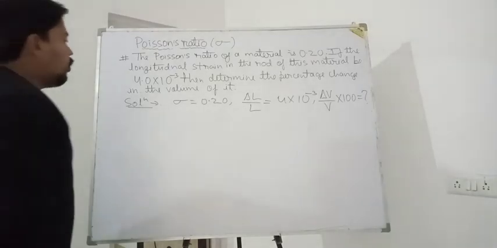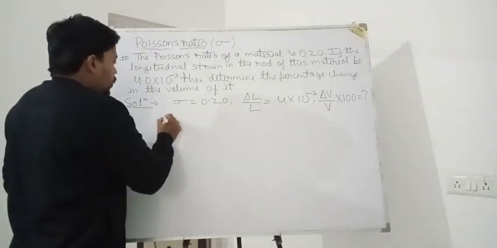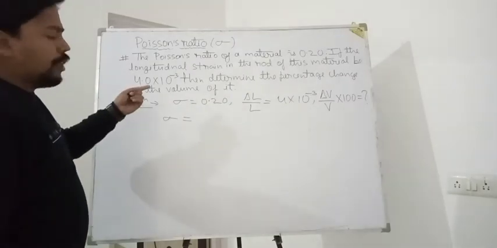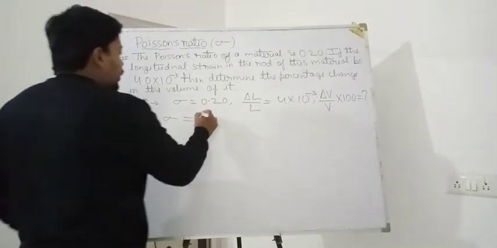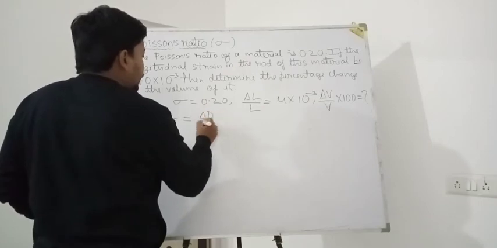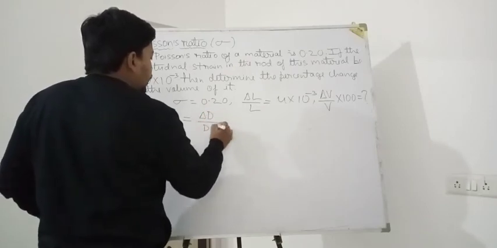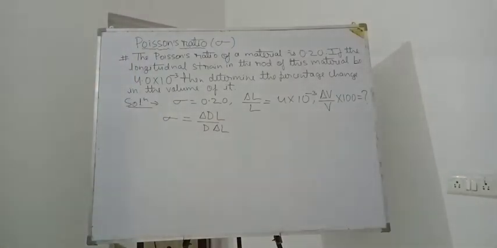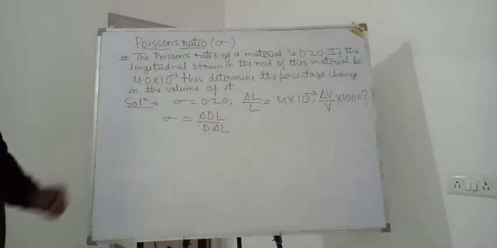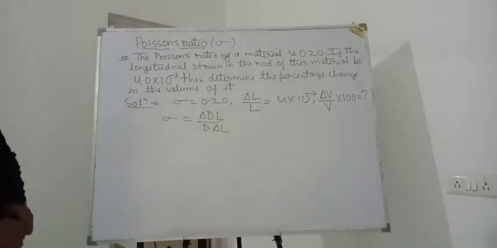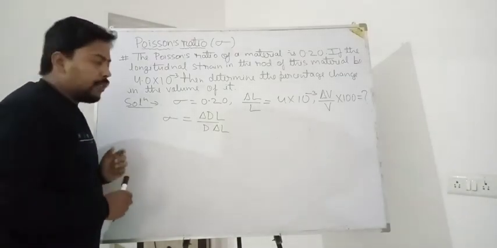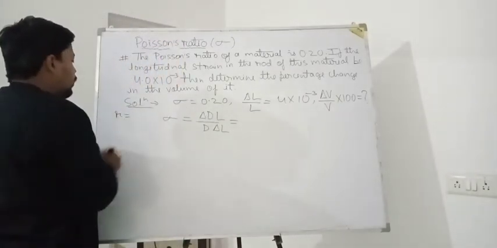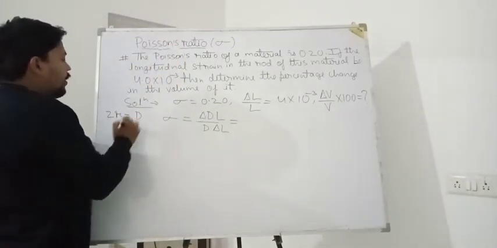So we know the definition of Poisson's ratio, and we know the mathematical formula also. It is equal to the lateral strain to that of the longitudinal strain. That means delta D upon D divided by delta L upon L. This we know. We can reduce this formula into radius form also. 2 times the radius is the diameter.